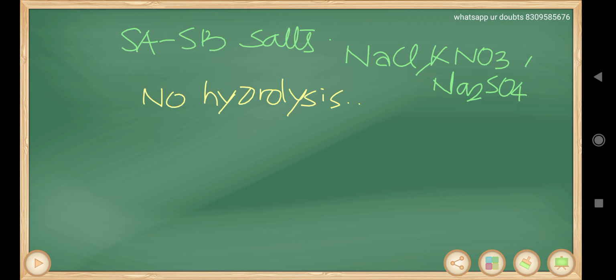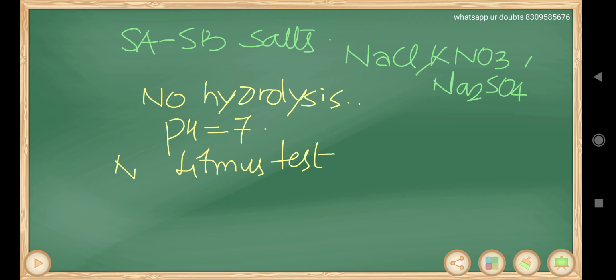So pH is definitely 7. No litmus test. Strong acid, strong base salts: no hydrolysis, pH equals 7, no litmus test, no cationic hydrolysis, no anionic hydrolysis.